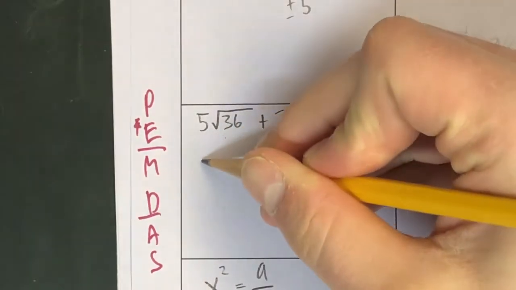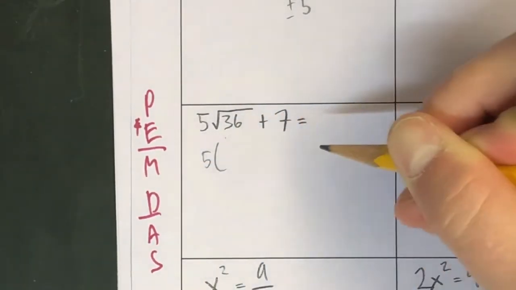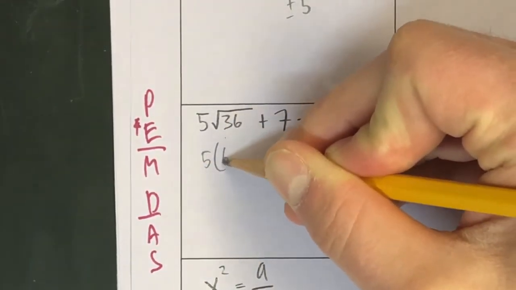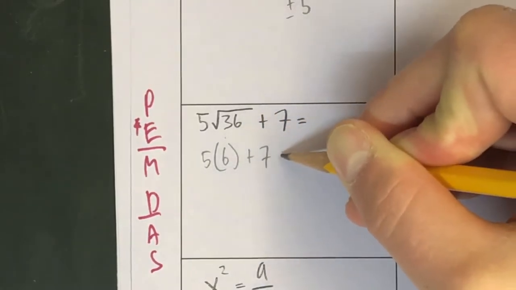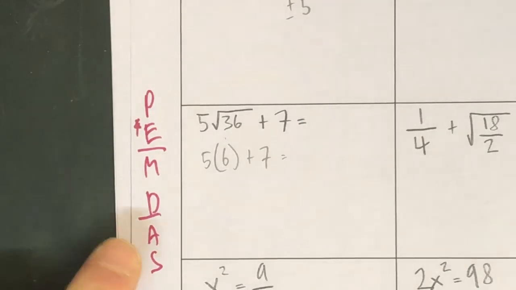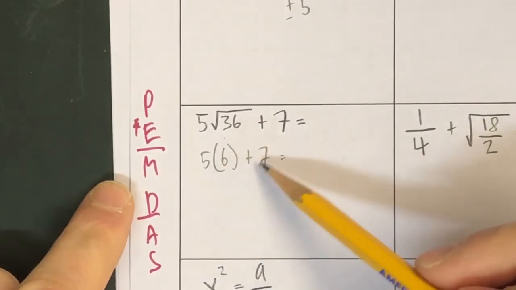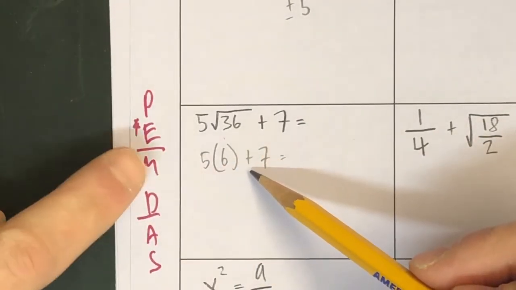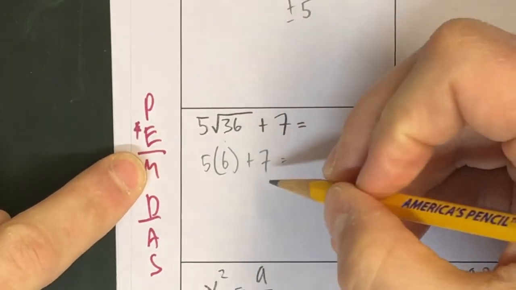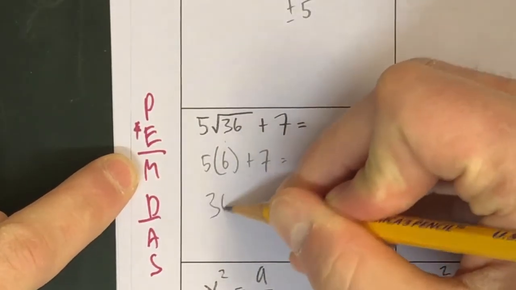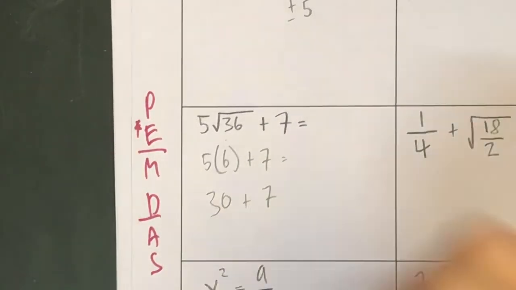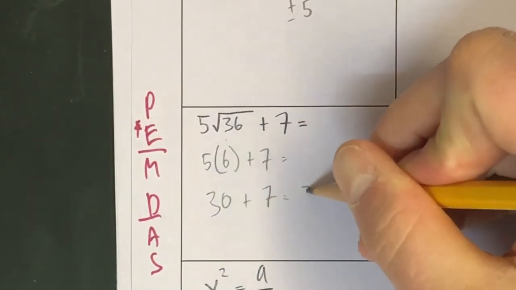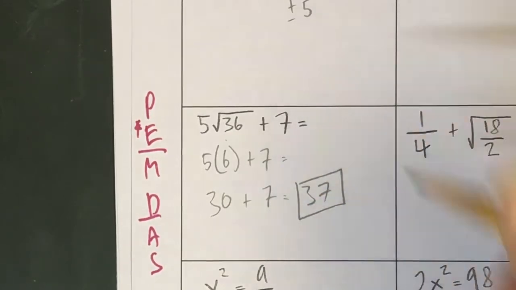So instead of 5 times the square root of 36, I know this is really 5 times 6. The square root of 36 is 6. I'm going to keep simplifying. I got multiplication, but I also have addition. I want to make sure to do the multiplication first. So 5 times 6 is 30. And 30 plus 7 is 37, and there is my answer.